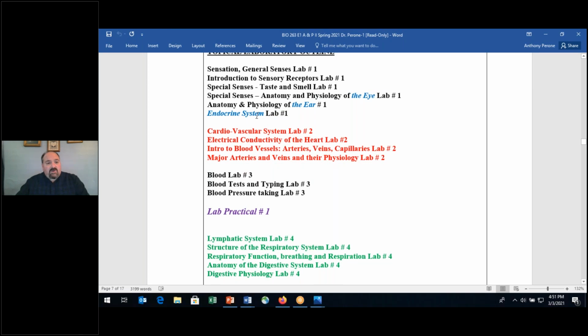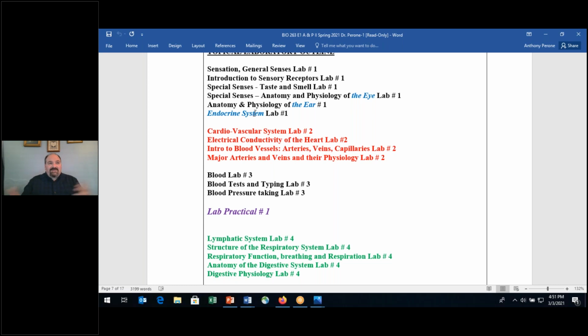Okay, so you'll see here as far as sensation, the special senses, the eye, the ear, and the endocrine system, there is one model of the endocrine system showing endocrine structures. You should know the different structures, and I'll review this in the lab for lab number 3.